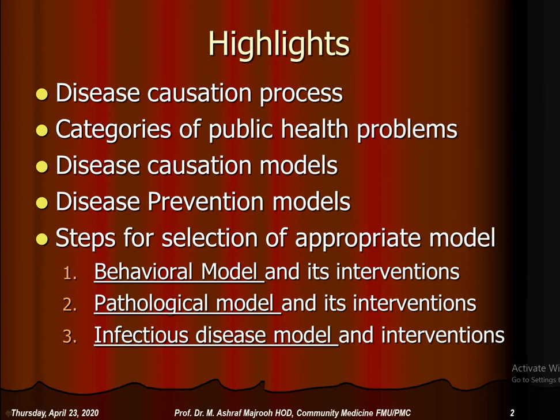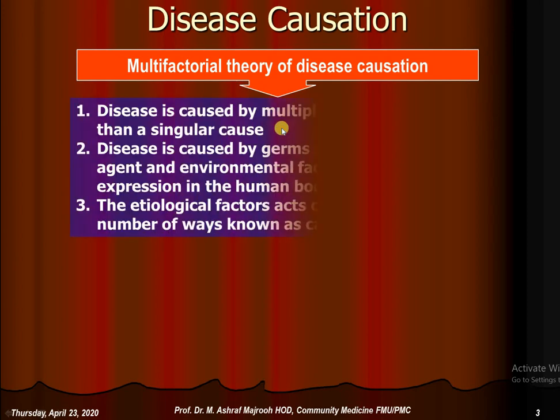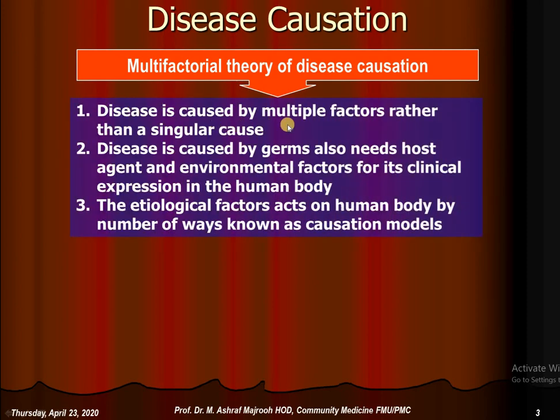So first we will start with the disease causation process. It is now universally accepted that the disease is caused by multiple factors rather than a singular cause. Even if the disease is caused by germs, it needs host, agent and environmental factors for clinical expression in the human body.